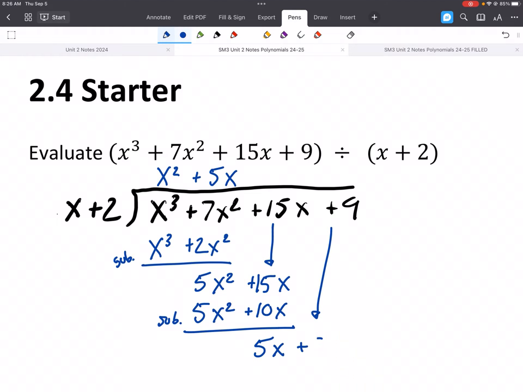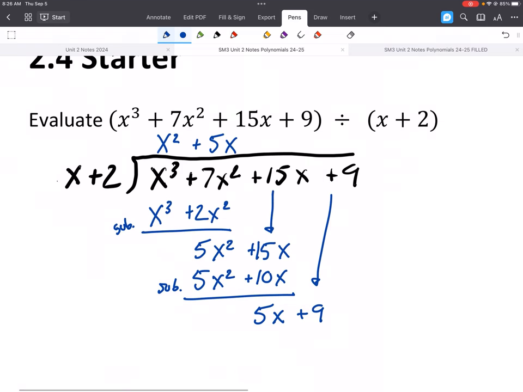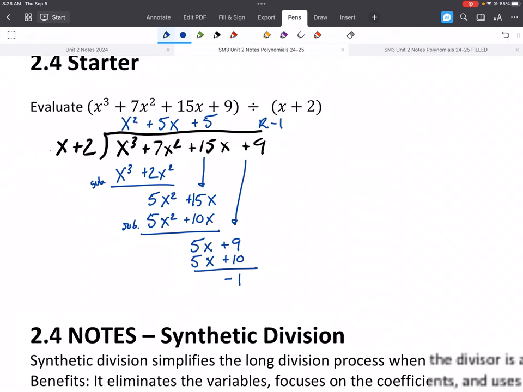Bring down the 9. And what do we need to multiply x by to give you 5x? It would be 5. So we get 5x, and then 5 times 2 would give us 10. And again, we're subtracting, so we would end up getting -1. So we'd have a remainder of -1. And then we wrote down our answers as the quotient.